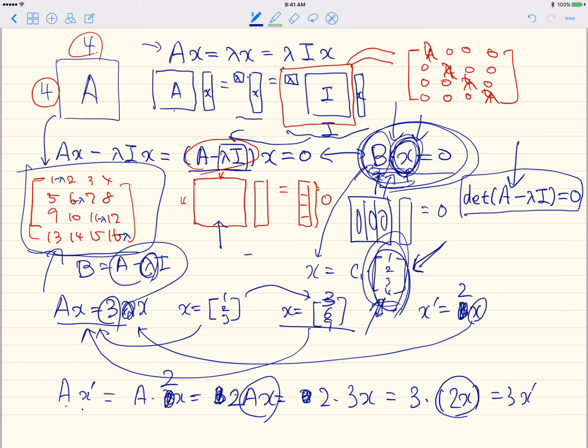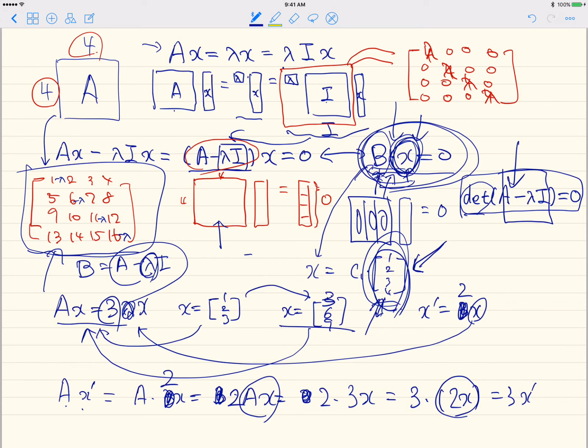Okay, and then regardless of the size of this matrix, this one should of course be a square matrix. The determinant is only defined for a square matrix, and whatever size of the matrix that we have, its determinant is only a scalar, right?